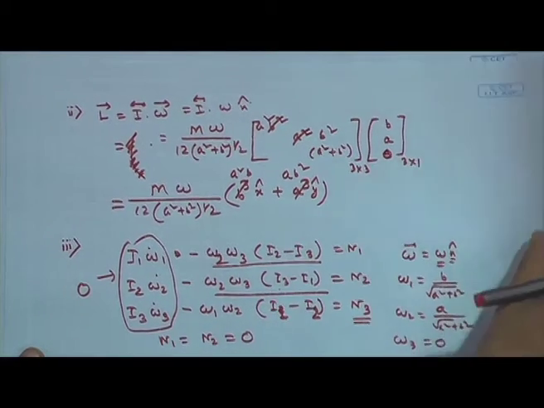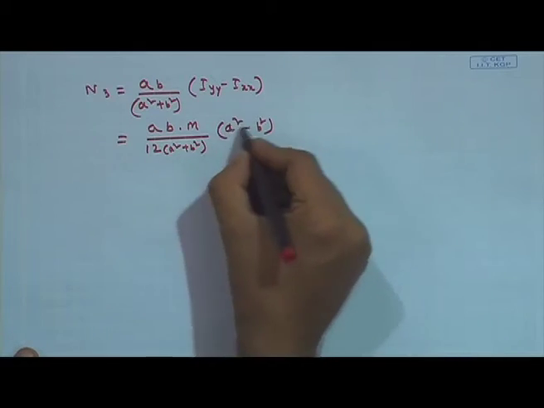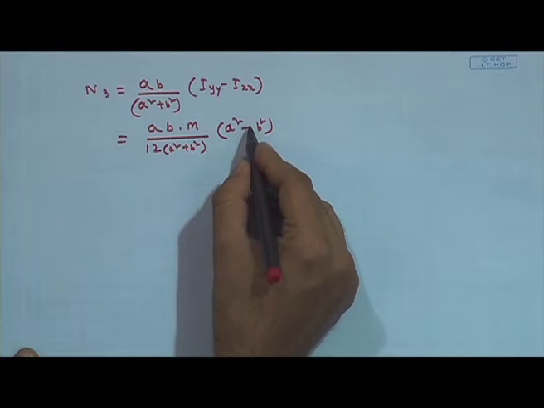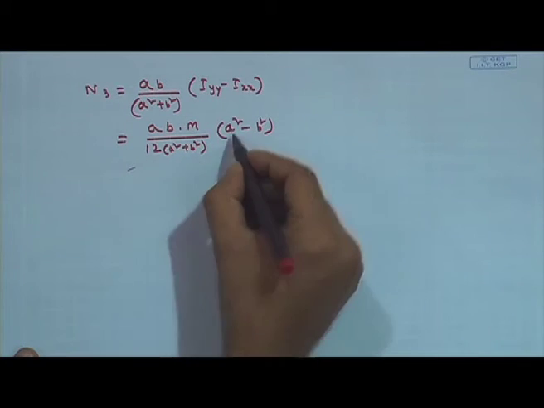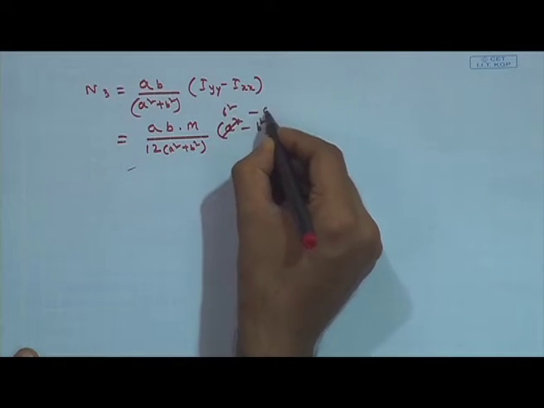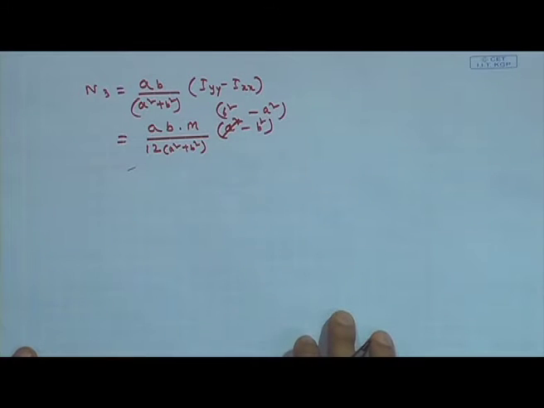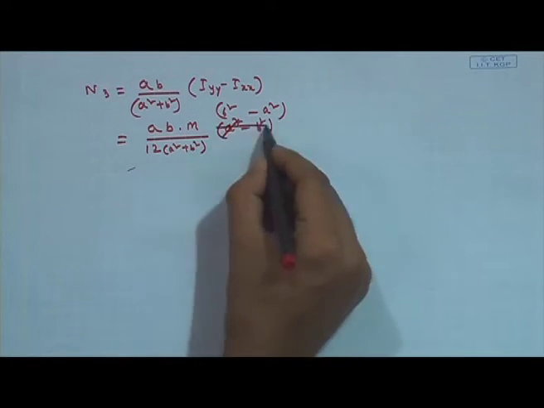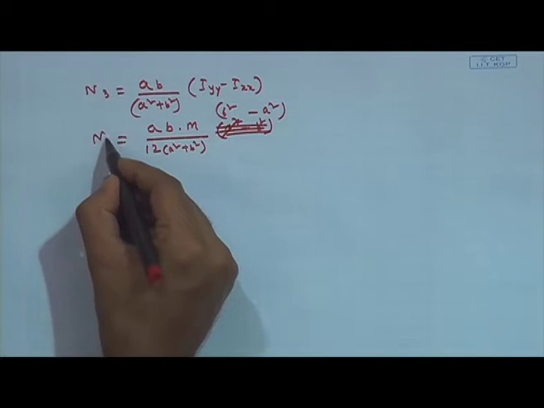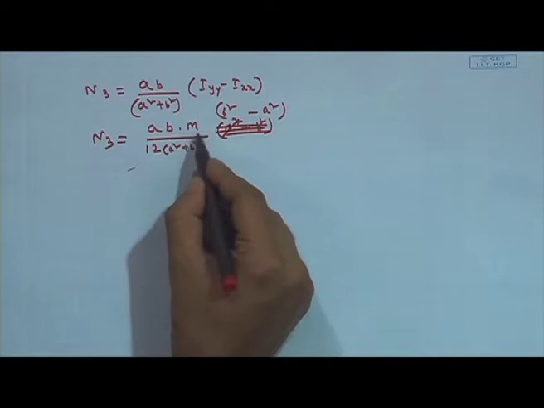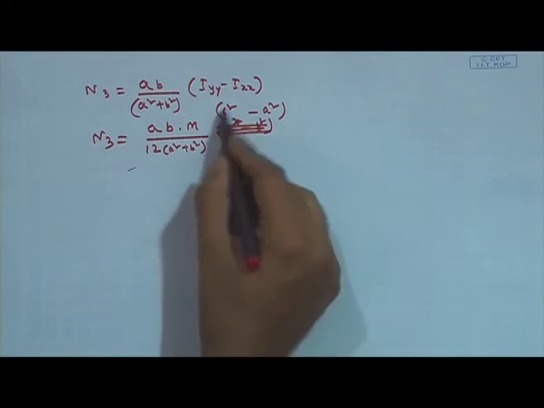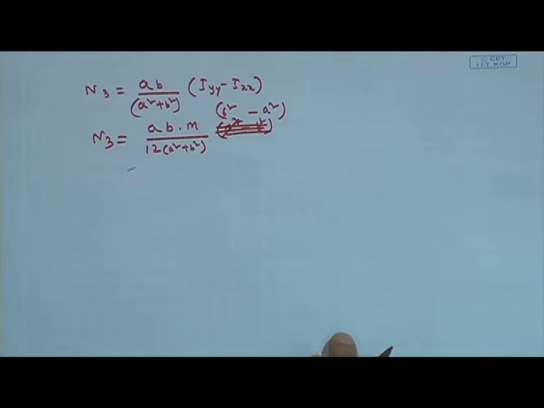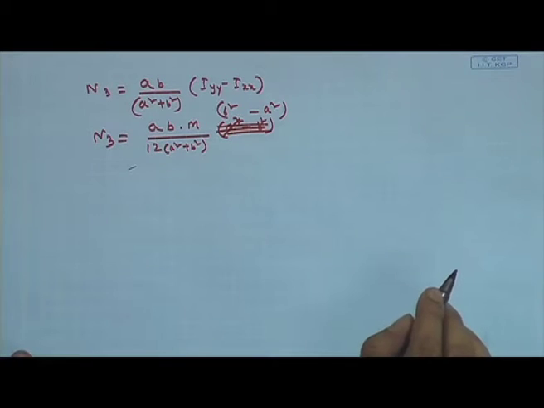And for the last part, this will be b squared minus a squared, because otherwise the torque becomes negative, which is not possible. Initially I mixed up a and b by mistake. So our final expression for n3 is a b m by 12 times b squared minus a squared. So we solved all of it.